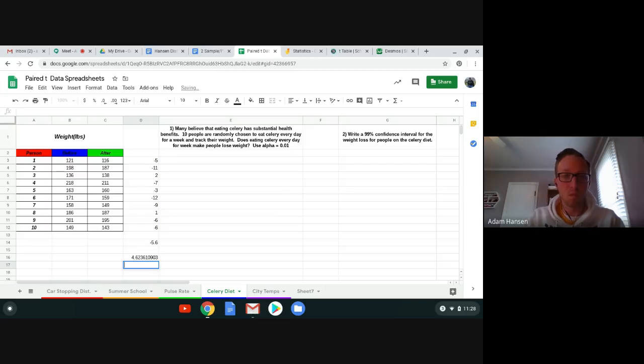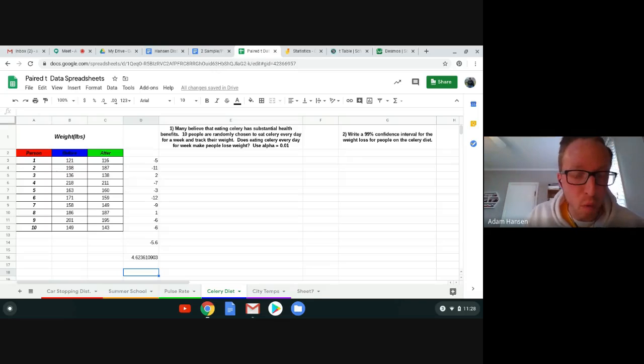Lots of variability, though. 4.624 standard deviation pounds. Some people lost a lot, some people didn't lose a whole lot, maybe even gained.